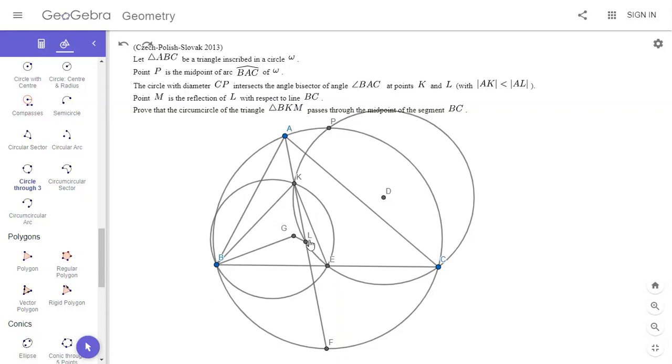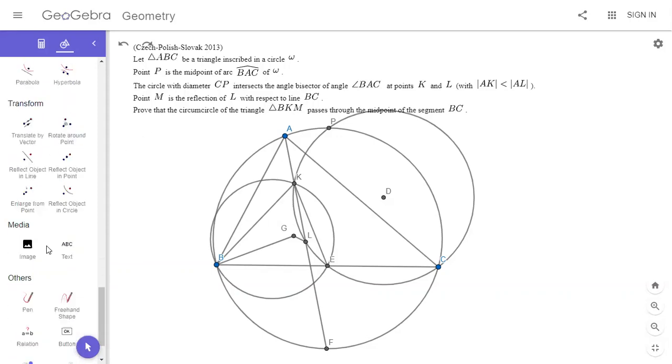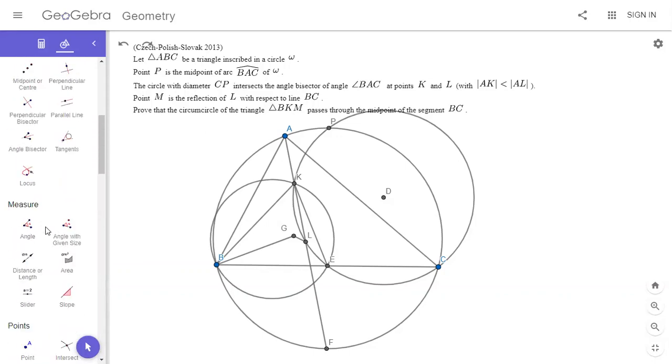Is triangle BLE similar to triangle BKA? Can we show triangle BLE is similar to BKA? Maybe that's just an angle chase.